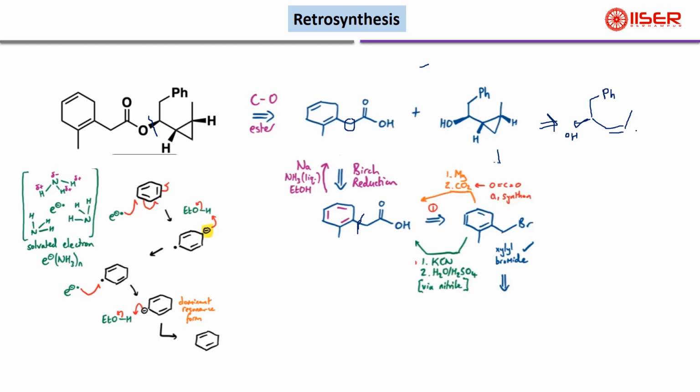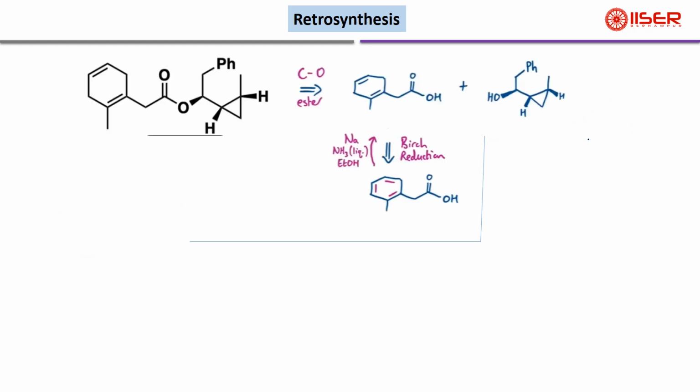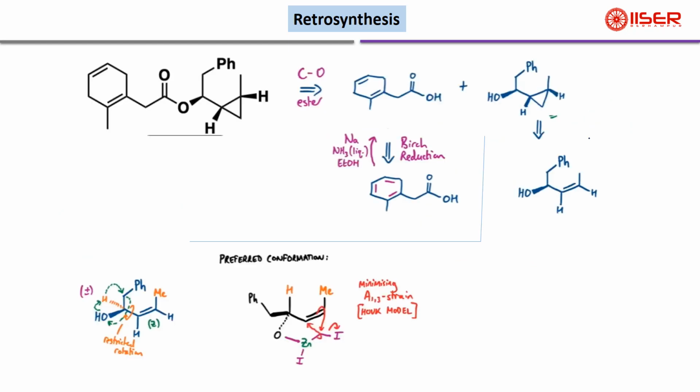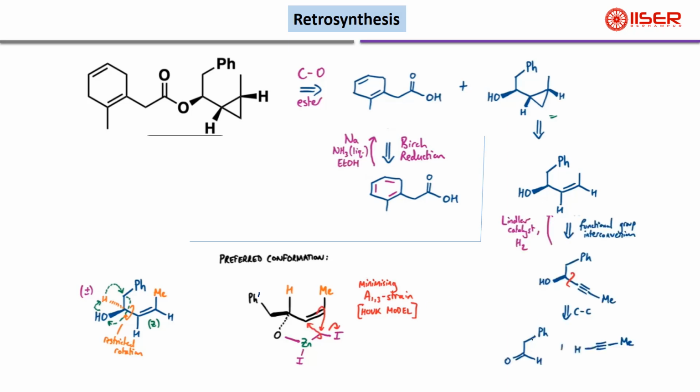We have already discussed that in presence of Simmons-Smith reaction it will form a cyclopropane. How we can prepare this double bond also, I have already shown here.